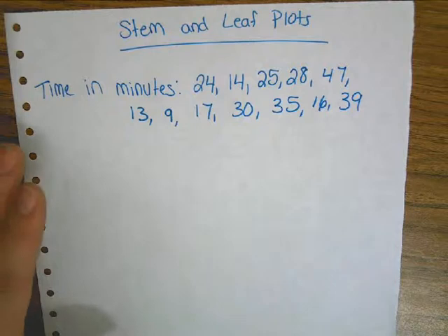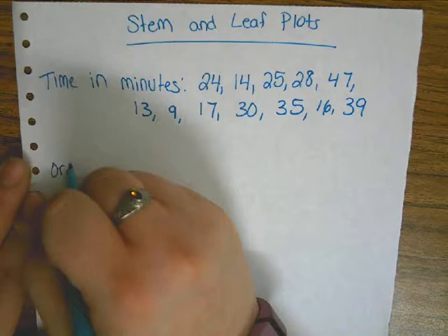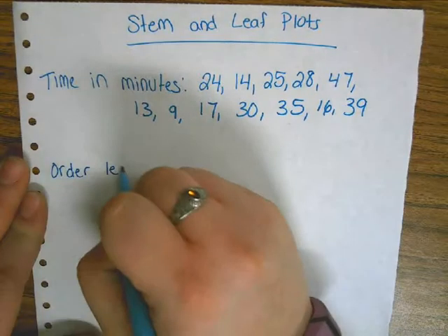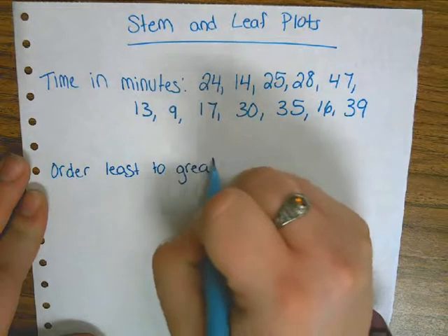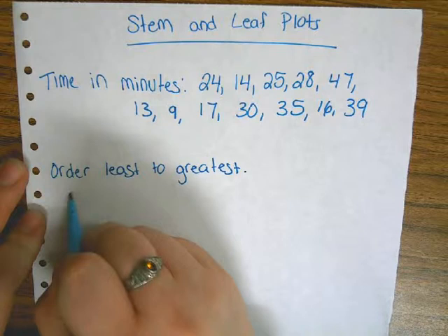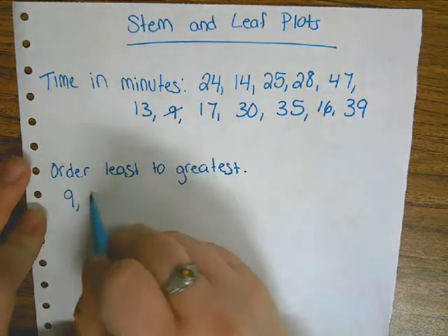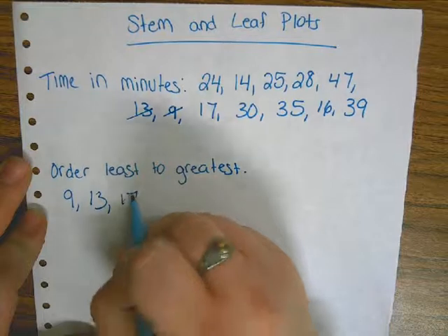So the first thing you need to do is order them least to greatest. Okay? So what is my smallest number up there? 9. What's next? 13. Then? 14.